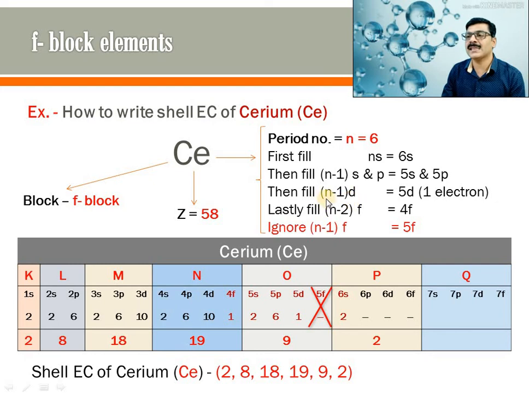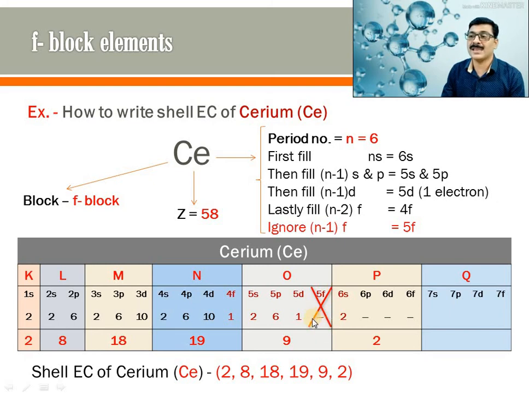N means 6, 6 minus 1 means 5d, and in 5d you have to fill up only one electron. And lastly, n-2 f, 6 minus 2 means 4f, and ignore n-1 f, meaning 6 minus 1 is 5f, you have to ignore it.